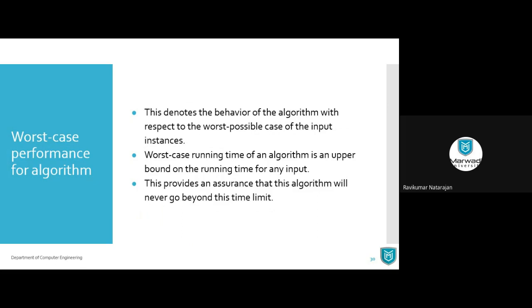I'm just pointing to this point. Can you go through the second point? The worst case comes under the upper bound, obviously, because that is the maximum time it has taken to execute.